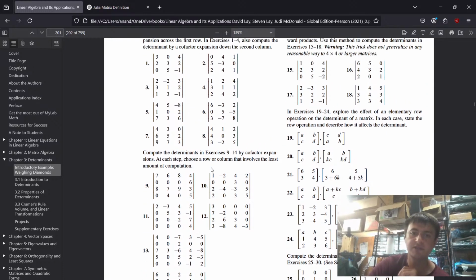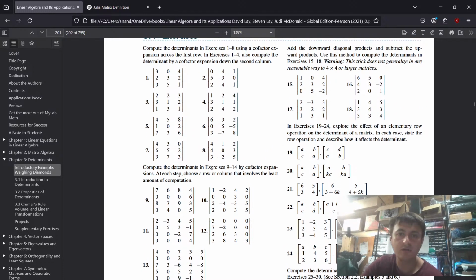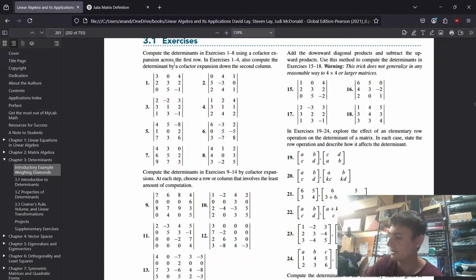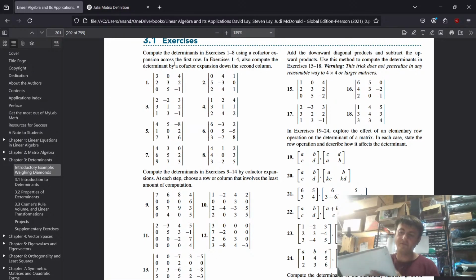All right, so let's write down which ones we want to do. My rule is I pretty much always do one from every section, unless the section's really, really silly. So let's just do 1.